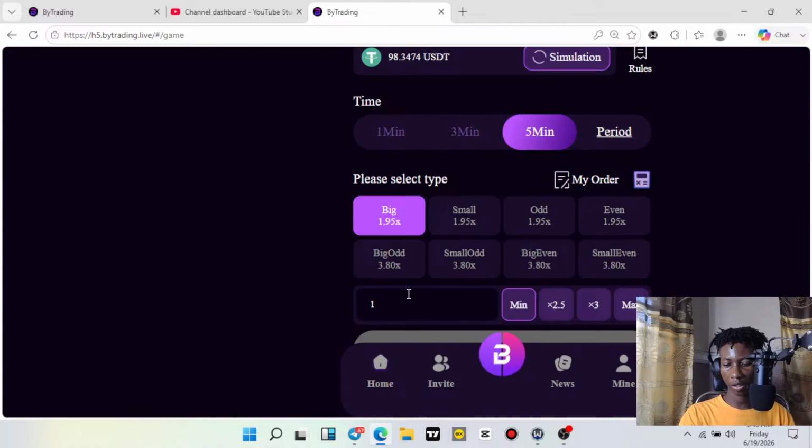I've already answered the question, but maybe the stream is lagging a little. The deposit method is only through USDT, and the withdrawal method is also through USDT.